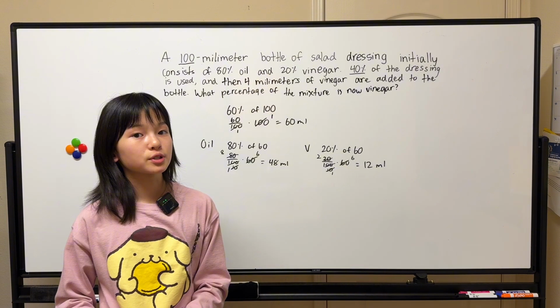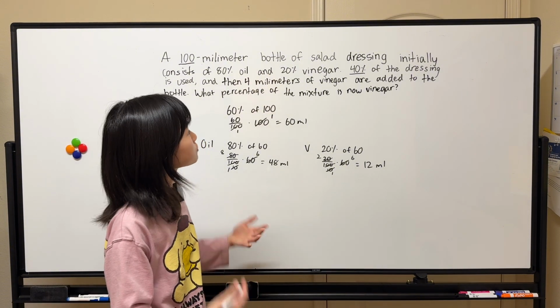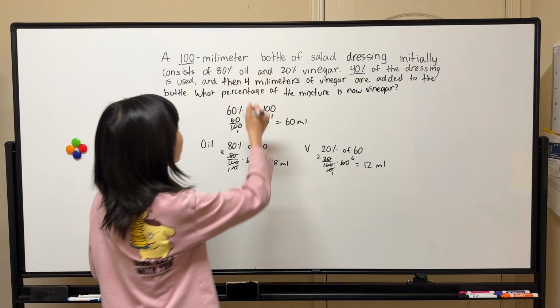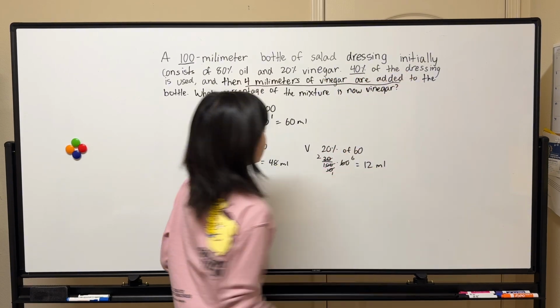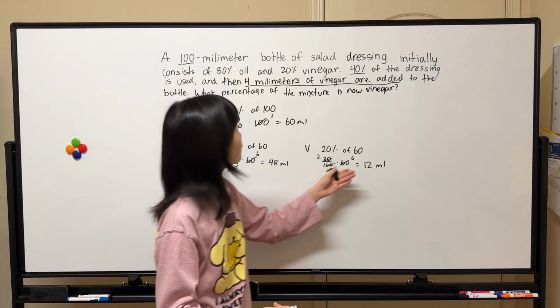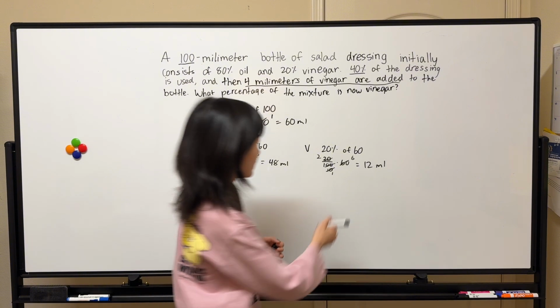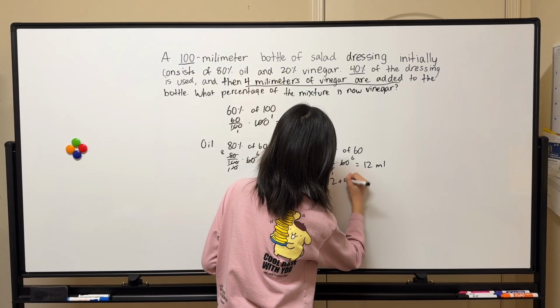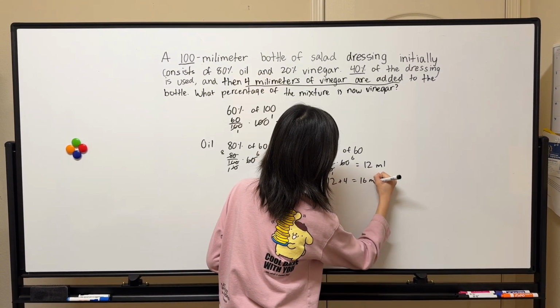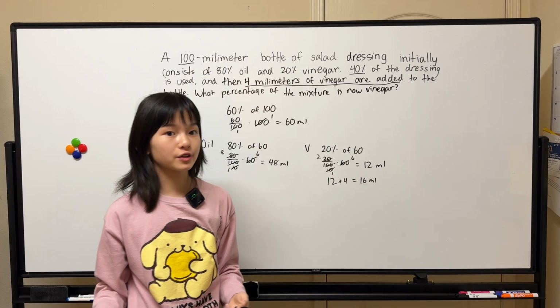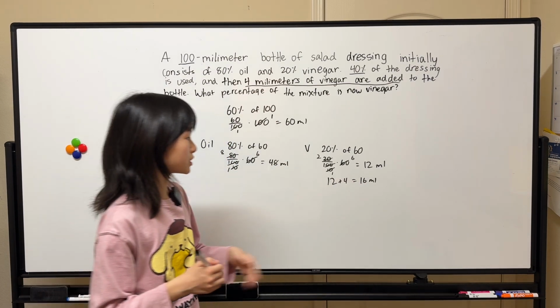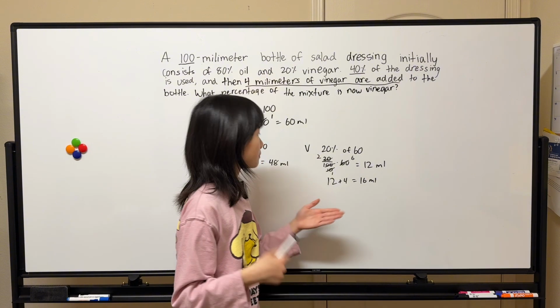However, we can't just find the percent right now because the problem says that 4 milliliters of vinegar are added. So we want to add 4 to 12, and 12 plus 4 equals 16 milliliters. So there's actually 16 milliliters of vinegar, and we want to find the percentage of vinegar.